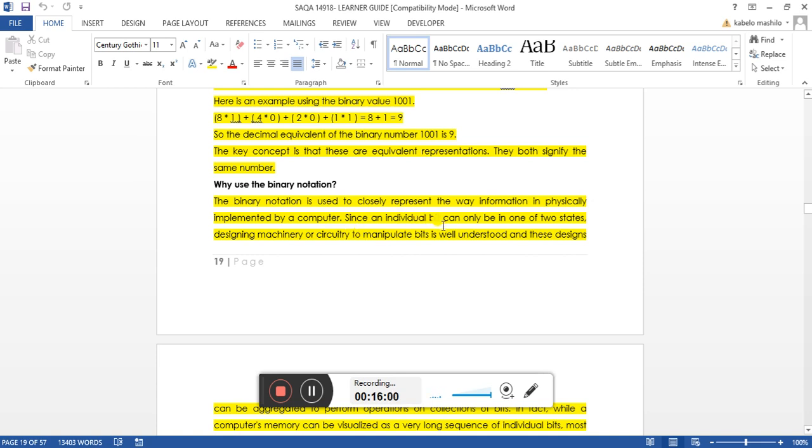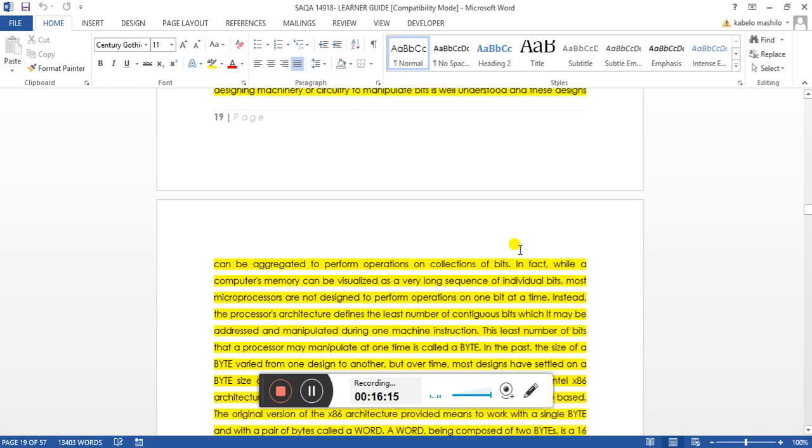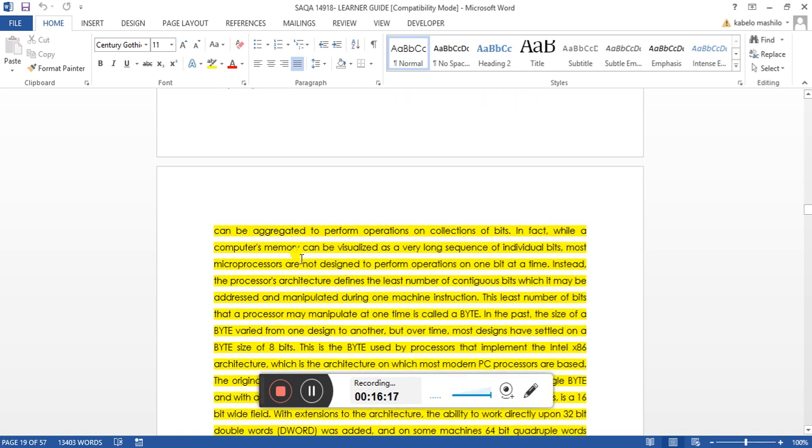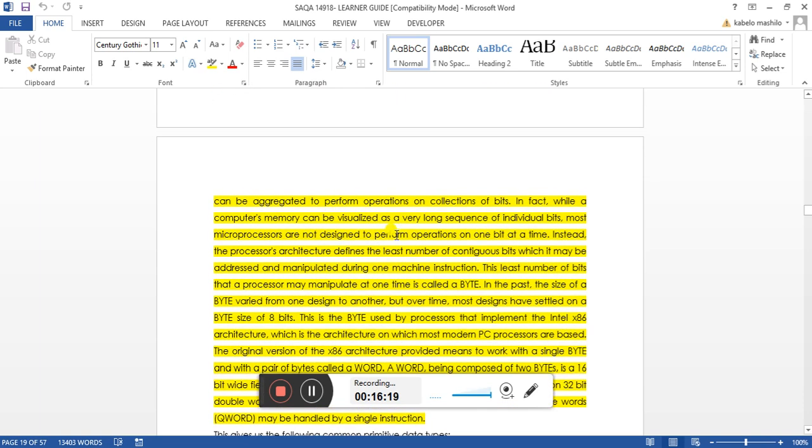Because it's used to closely represent the way information is physically implemented by a computer. Since an individual bit can only be in one of two states, designing machinery or circuitry to manipulate bits is well understood, and these designs can be aggregated to perform operations on collections of bits.